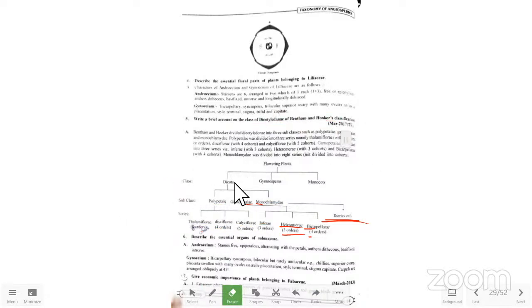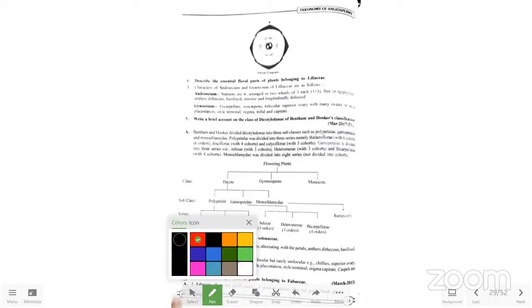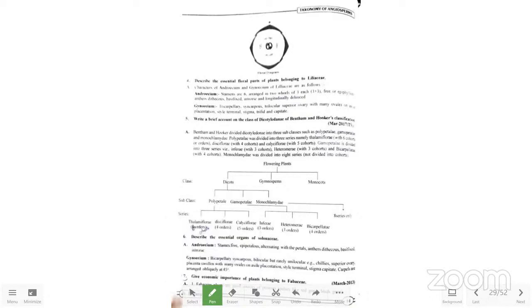And the last question in this chapter is: give an account of the economic importance of Fabaceae family.